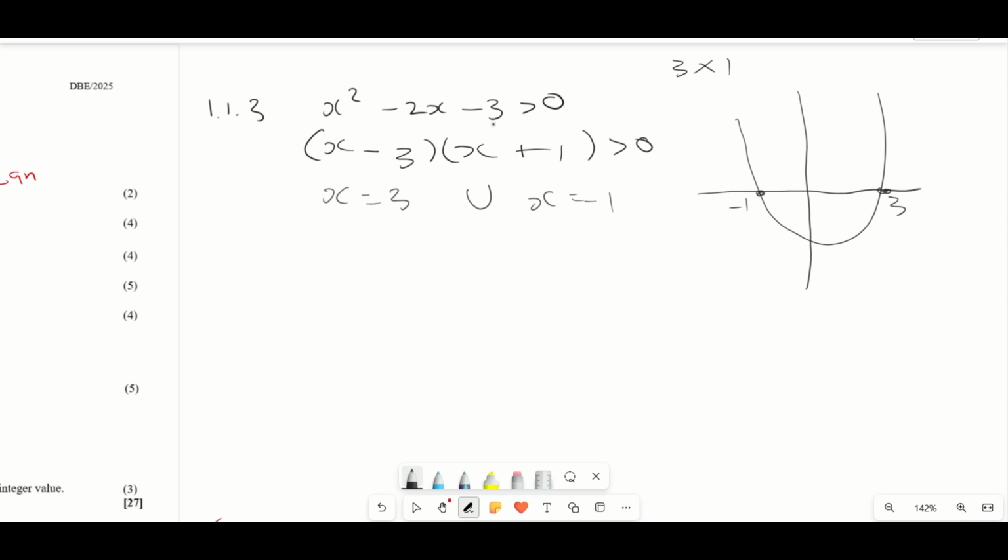So all that we want is, okay, first of all, if you notice this sign here, this sign says my equation is bigger than 0. So what is something bigger than 0? Something bigger than 0 is actually a positive.